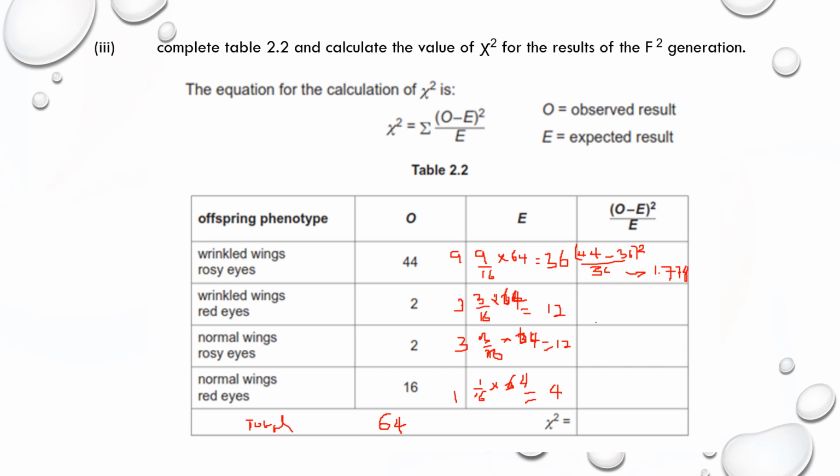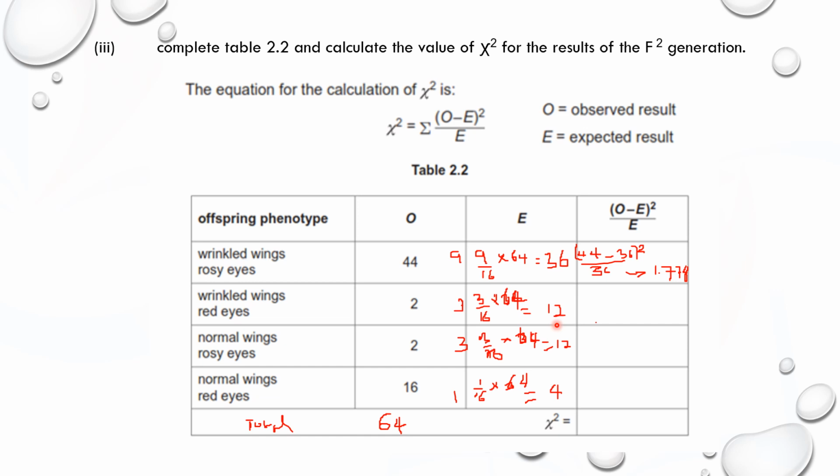The next one quickly. That is 2 minus 12, squared and then divided by 12. So 2 minus 12 will give you 10. 10 squared is 100. 100 divided by 12.